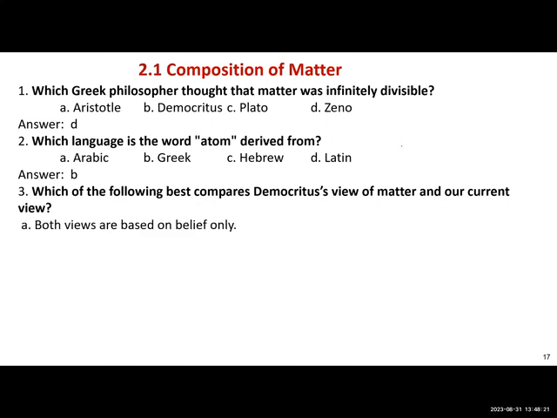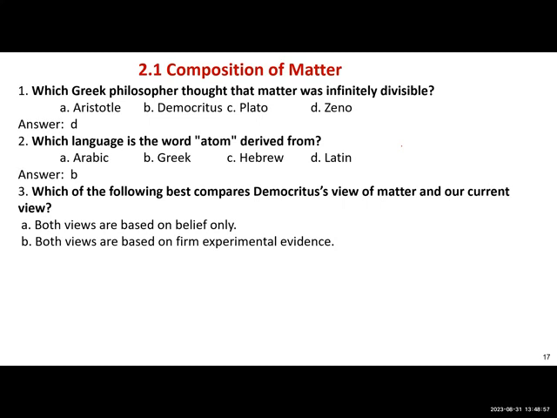We need to have experiments. Both views are based on belief only? Scientific view and the ancient view are not. The current view is not based on belief, or there's a false statement. Both views are based on firm experimental evidence?